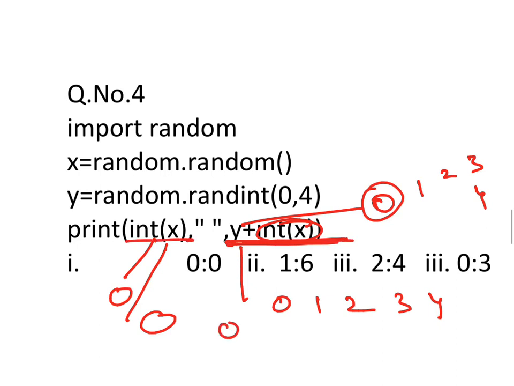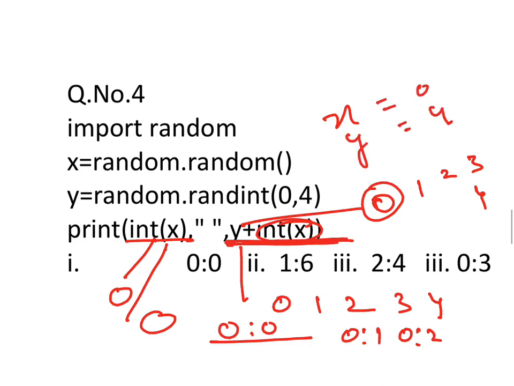So x is always 0, y may be 0, so your answer may be 0, 0. It may be 0, 1, 0, 2, 0, 3 and 0, 4. It cannot go beyond 4, and the value of x cannot go beyond 0, the value of y cannot go beyond 4. So your answer will be either 0 1, 0 2, 0 3, 0 4, not more than that.